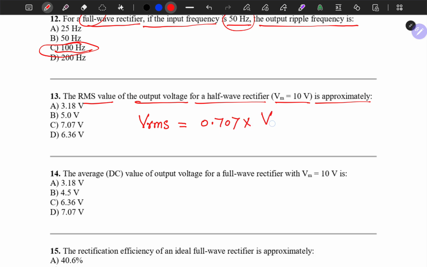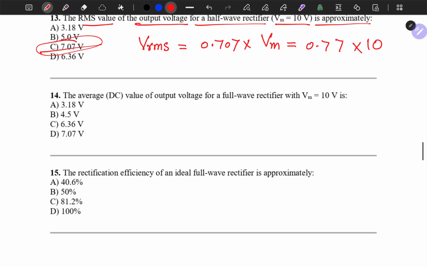Vm is the peak value. So if I put this peak value 10 multiplied by 0.707, it becomes 7.07. Yes, the correct option is option C.